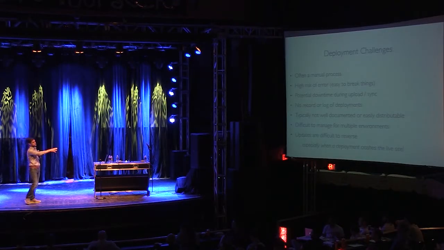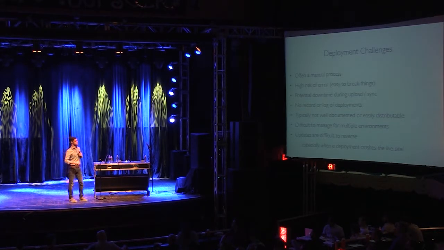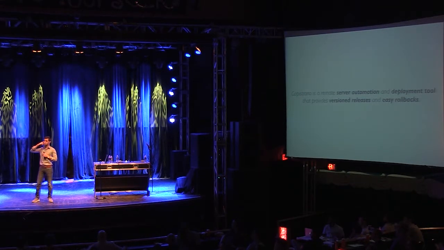So in fact, all of these challenges, Capistrano solves for us, which is pretty awesome, and big surprise, kind of the point of my session today. So what is Capistrano? Capistrano is a remote server automation and deployment tool that provides versioned releases and easy rollbacks. I've highlighted a few keywords there that should jump out to you as features or good things about this tool.